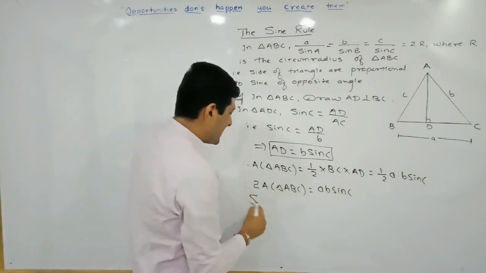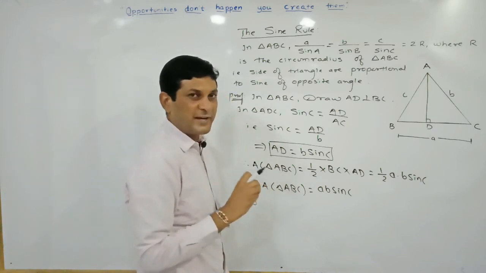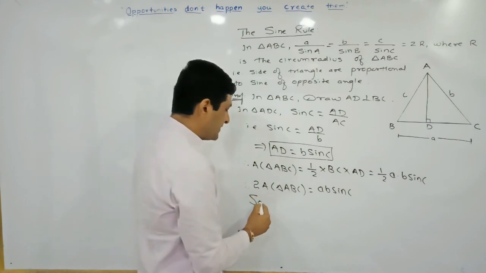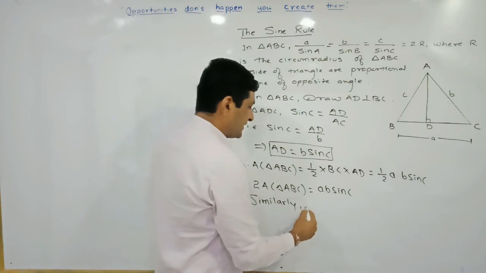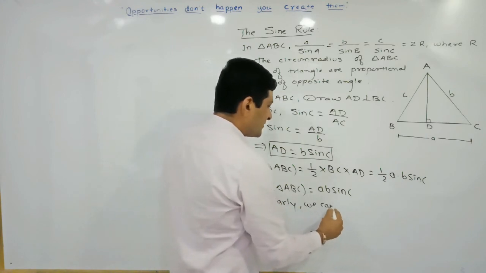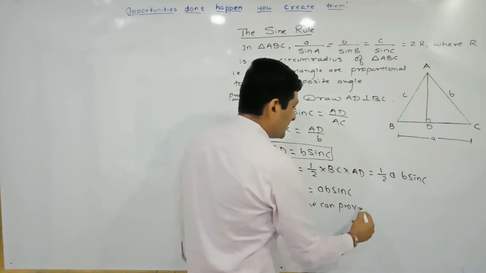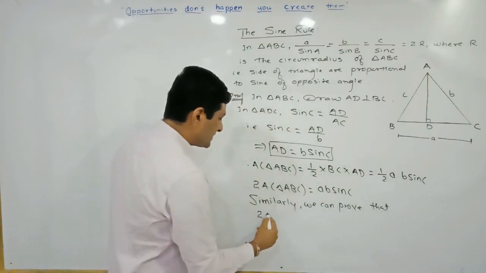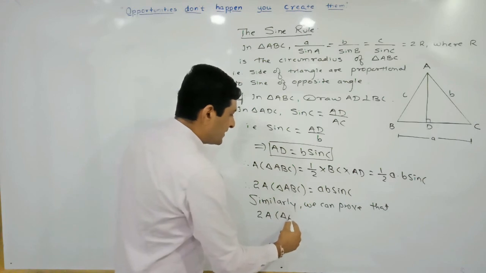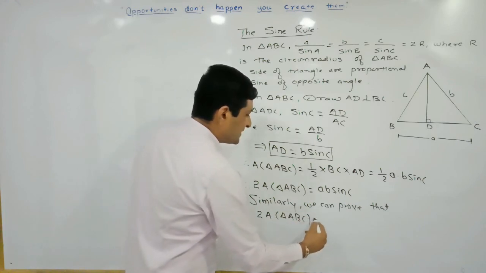Since we apply the same method to find those two results, I am writing here: similarly, we can prove that twice the area of triangle ABC is equal to.